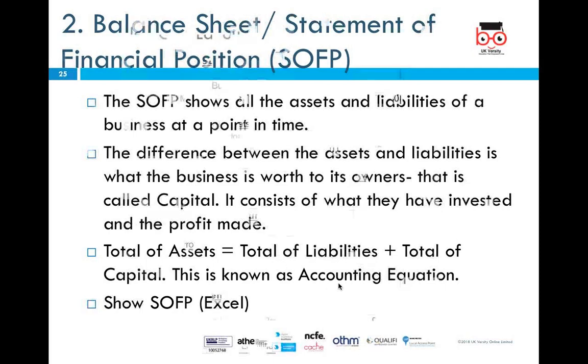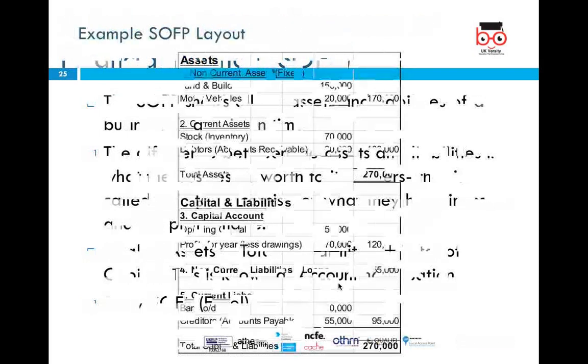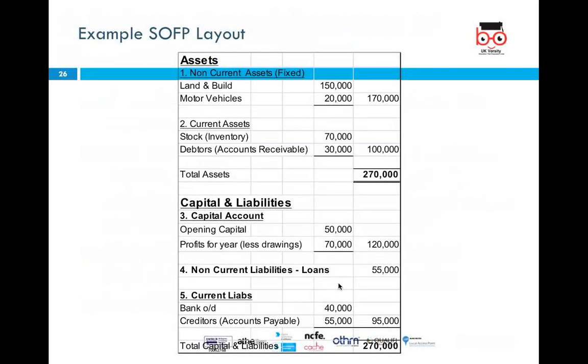That's the accounting equation. And as we can see, this is a very typical example of the statement of financial position. This is the asset side and this is the liability side.